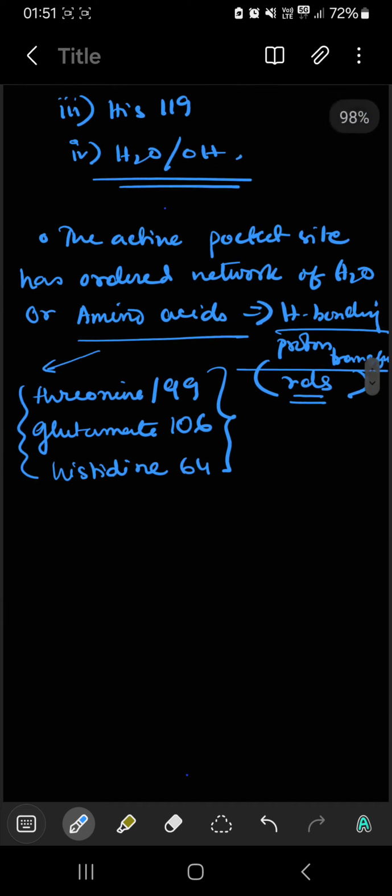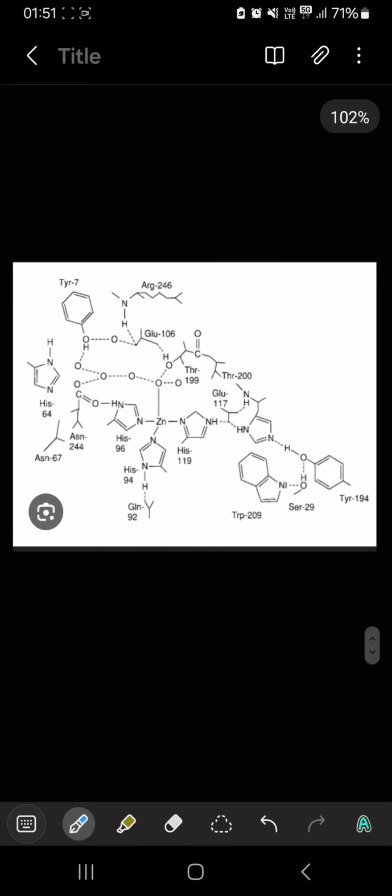Now let's look into the structure of carbonic anhydrase. We can see that the metal center is here.